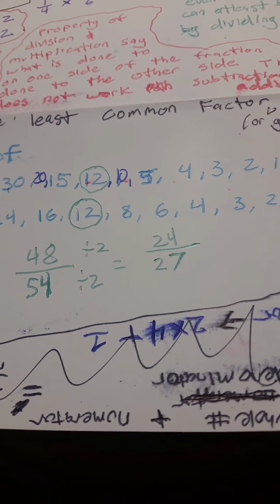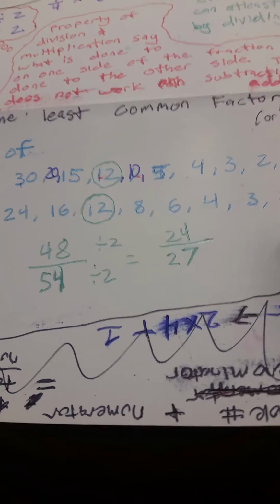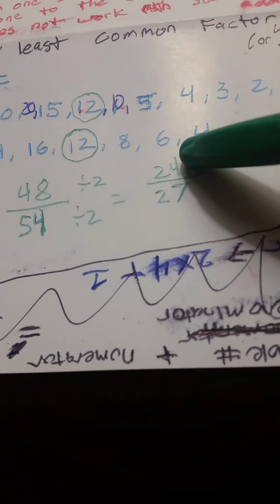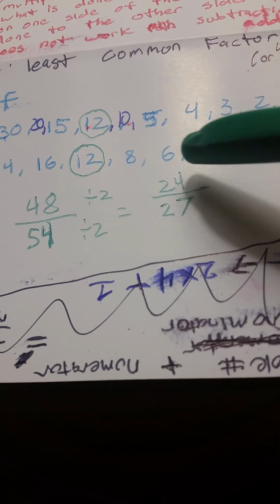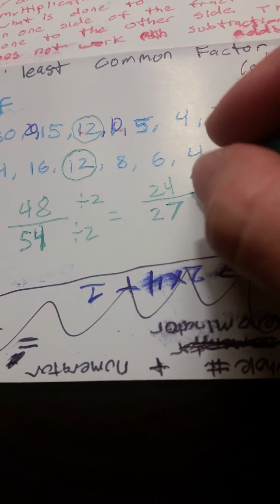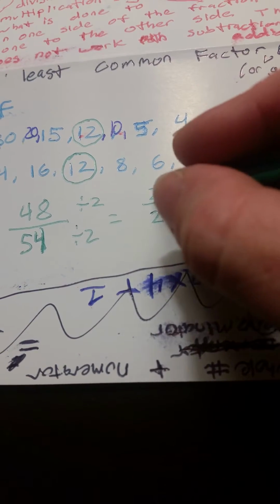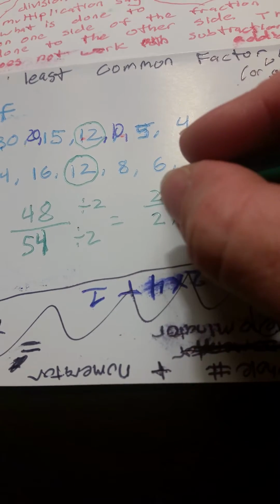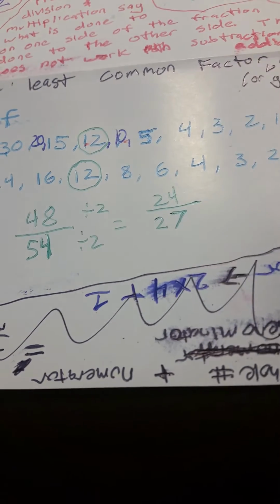So here they're not both even. However, another trick to see if both numbers are divisible by 3, you add the digits in on one side. So you add the digits in the number 24. 2 plus 4 equals 6.